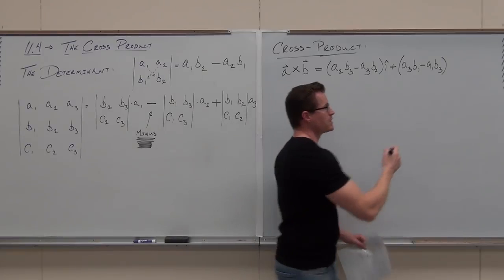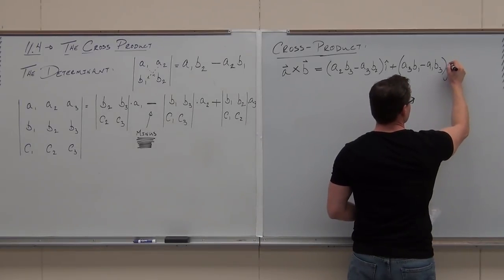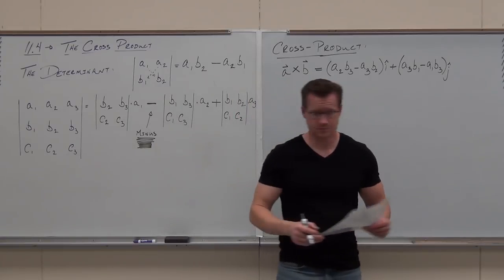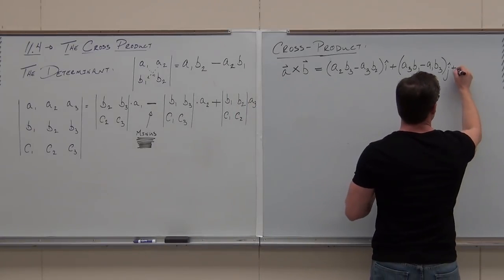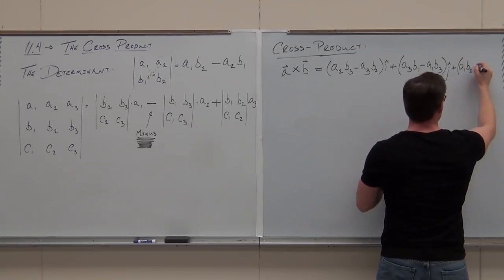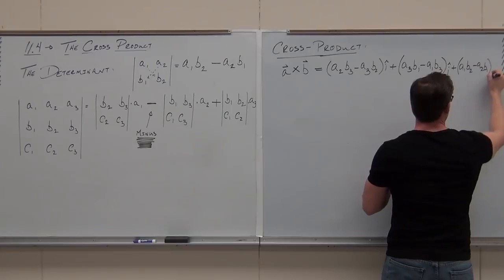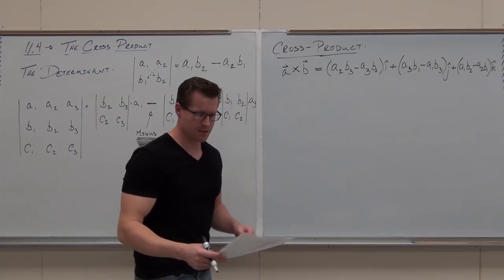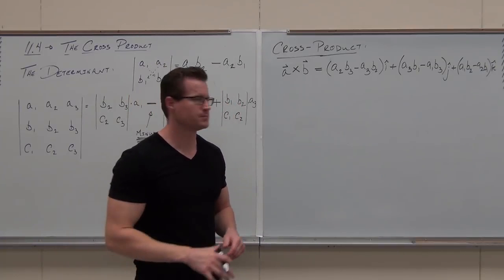Then A3B1 minus A1B3, then puts a J after them. And then A1B2 minus A2B1, and puts a K after it.